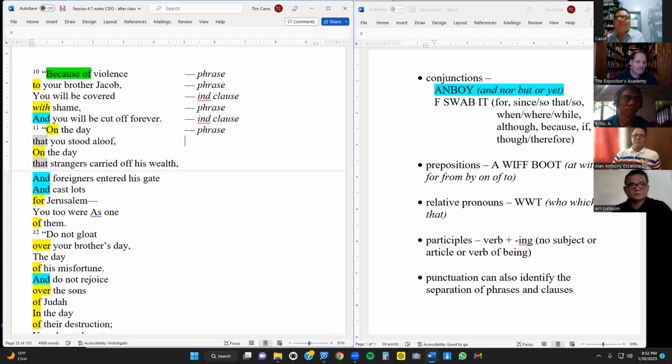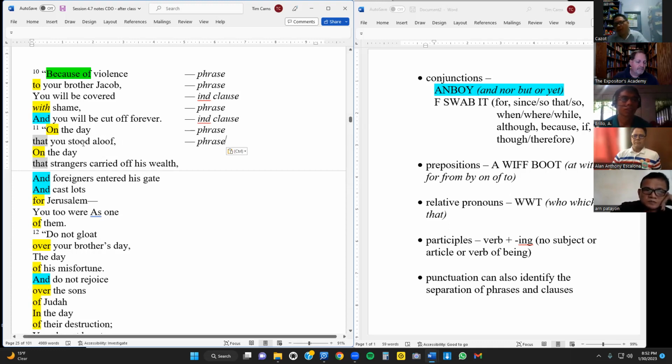That you stood aloof. Phrase or clause? Phrase, sir. Okay. Well, let's look. Do we have a verb? There is, sir. Stood. Yeah, there is a verb. And is there a subject? It is a clause. Yeah, it's a clause. Now, is it dependent or independent?